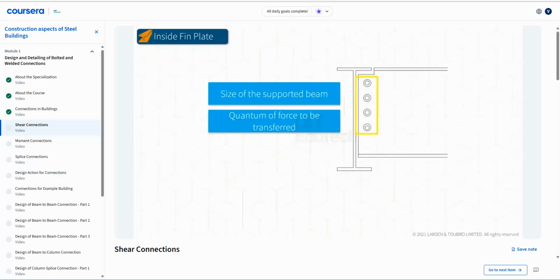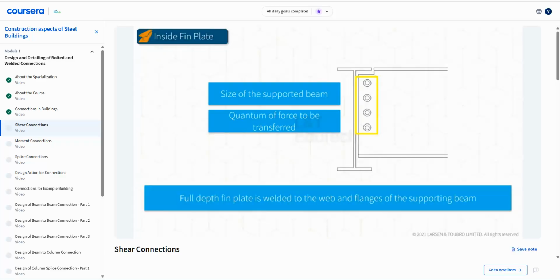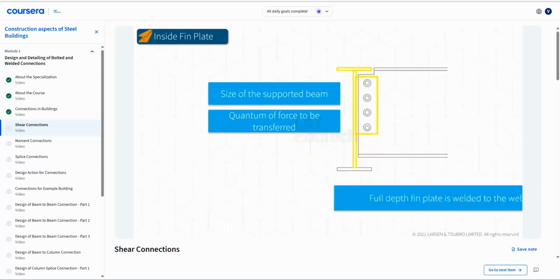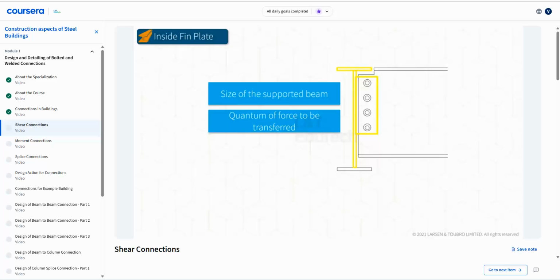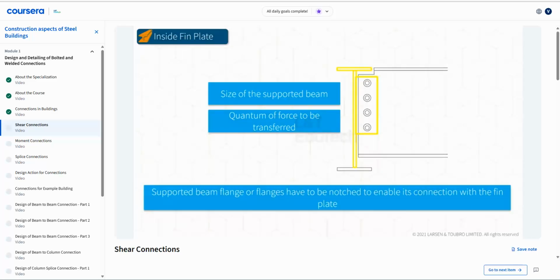When a full depth fin plate is provided, it is welded to the web and flanges of the supporting beam. In this type of connection, the supported beam flange or flanges have to be notched to enable its connection with the fin plate.